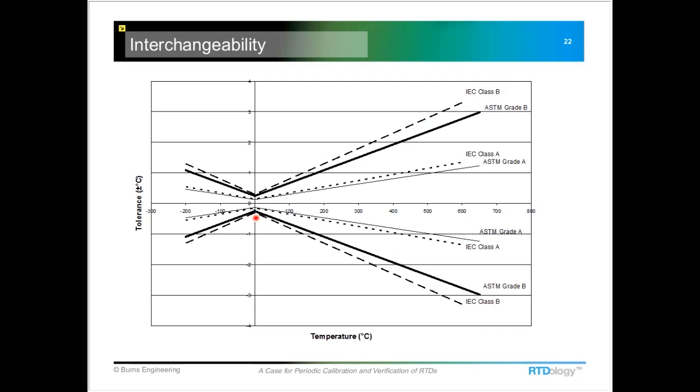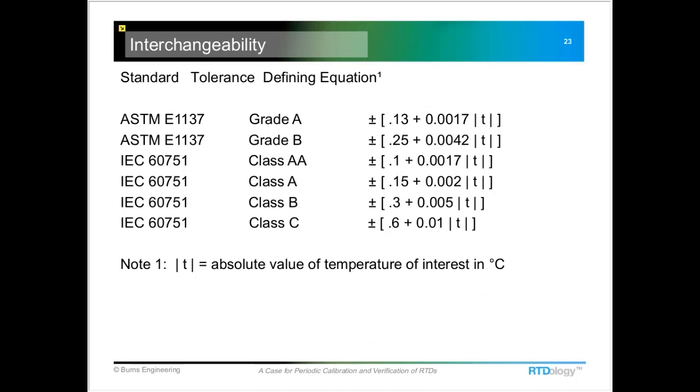And for a Grade B sensor, it's going to be plus or minus 0.12 ohms. And if you check the probe at temperatures other than 0 degrees C, you can use these equations to determine what the tolerance band is at those temperatures. We just plug in the absolute value of the temperature here, and that'll give you your plus or minus degrees C tolerance for that particular temperature.